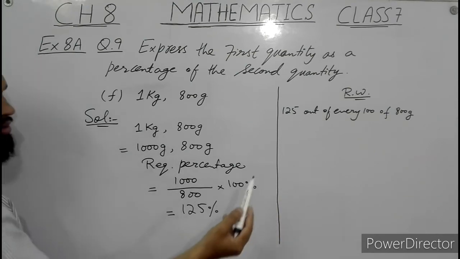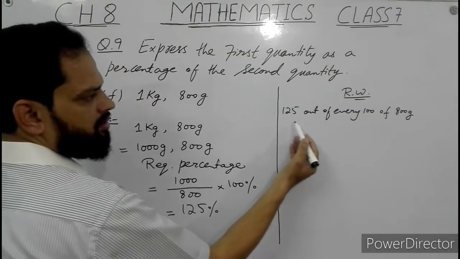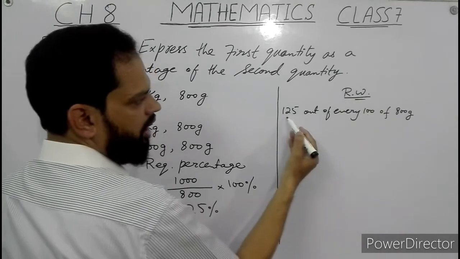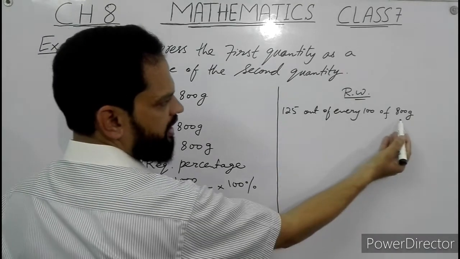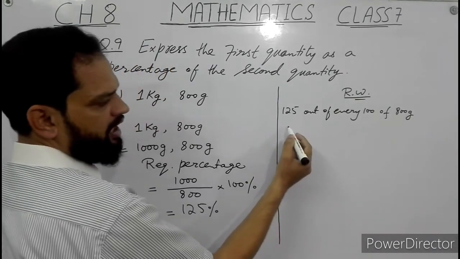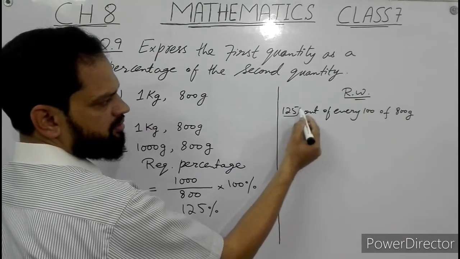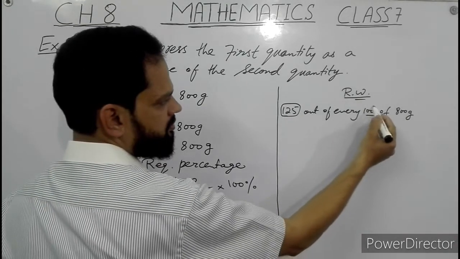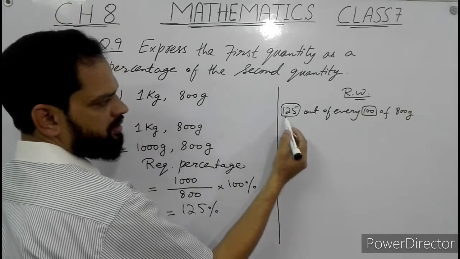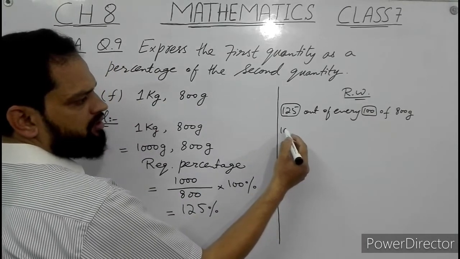Now, out of every 100 of 800 grams, multiply by 8. It will become 1000.